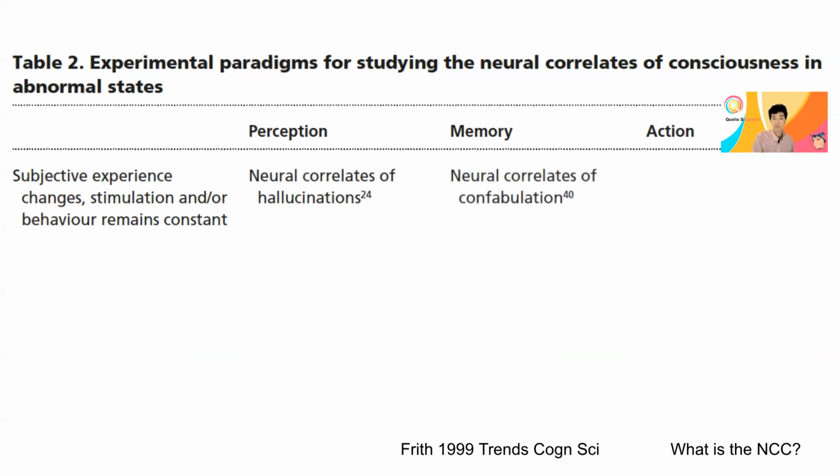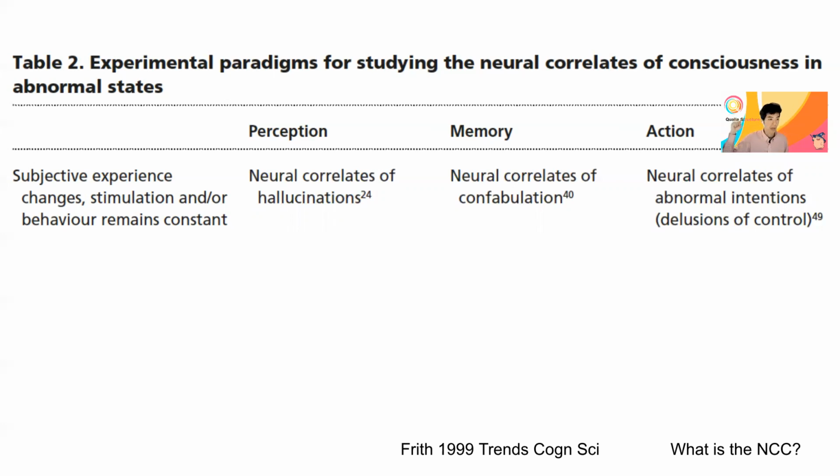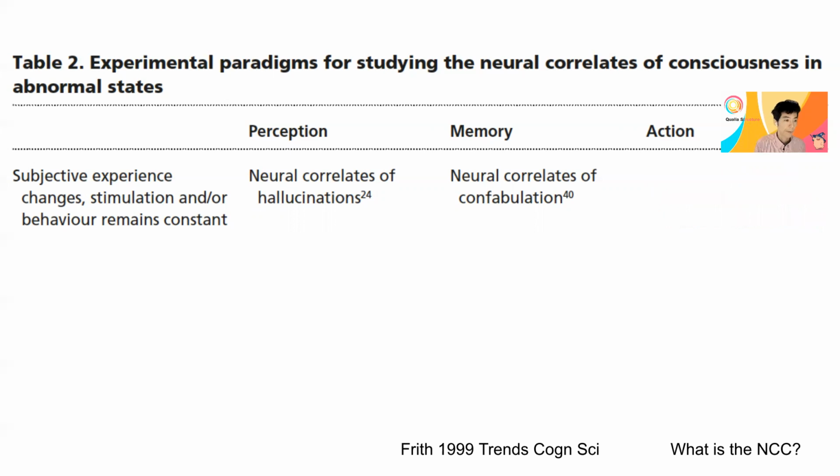And the memory one is about confabulation. Action-wise, it's abnormal intention. So you are making some kind of behavior exactly the same way, like moving the hands, but in some cases you feel subjectively that you moved it, but sometimes you may feel like somebody else actually moved it. So what's the difference?